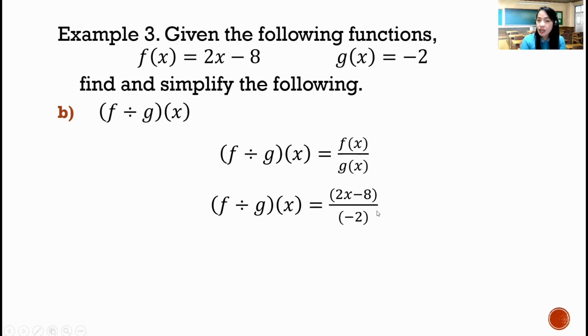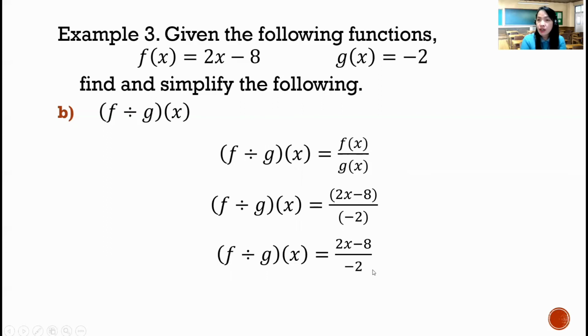So again, here, we enclose the values of the functions using a parenthesis. Next is to remove the parenthesis. Now, kung makikita mo, in the dividend, we have here 2 and negative 8, and sa divisor, we have negative 2.